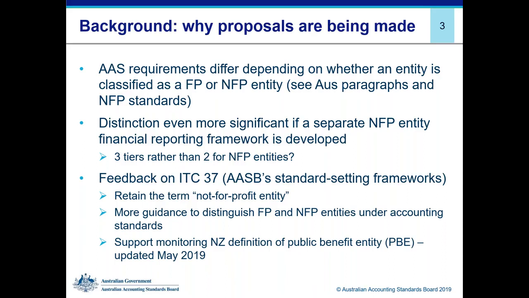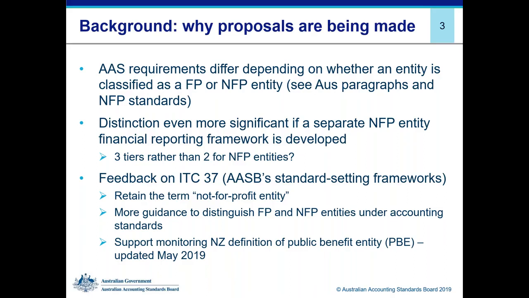Just a couple of examples. The board at the end of 2016 issued a new standard, AASB 1058, Income of Not-for-Profit Entities. And as the title suggests, that applies only to not-for-profit entities and assists such entities in how to account for transactions that are outside the scope of AASB 15, the revenue from contracts with customers standard.